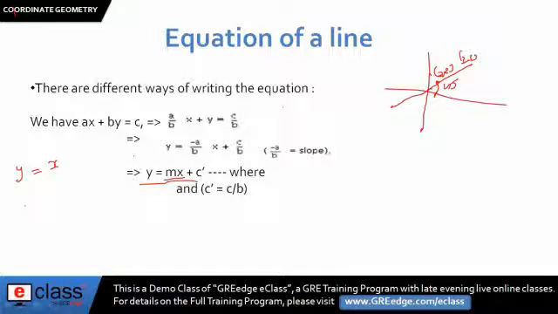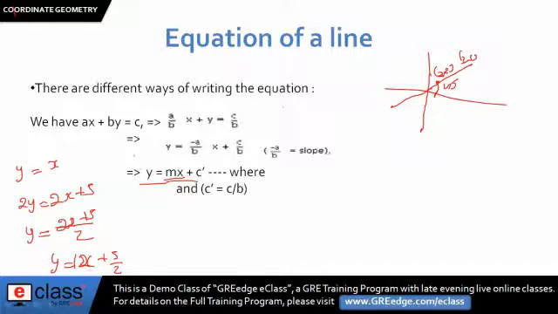Now I'm going to modify one more equation, 2y equal to 2x plus 5. What is the slope of this equation? I need to write it in the form of the general equation. So y equals 2x plus 5 divided by 2, which is x plus 5 by 2. What is the slope? 1. Then what is the quality of this equation? This equation will be parallel to this line.